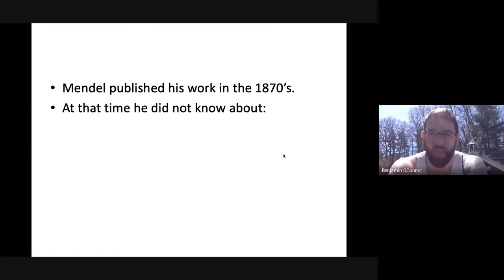He didn't know what he was really figuring out, but he really did pioneer the first concepts of heredity or genetics. He noted different phenotypes, like the color of flowers and the different textures and look of the peas themselves. But that is, as we know, derived from genetic information in the form of DNA.